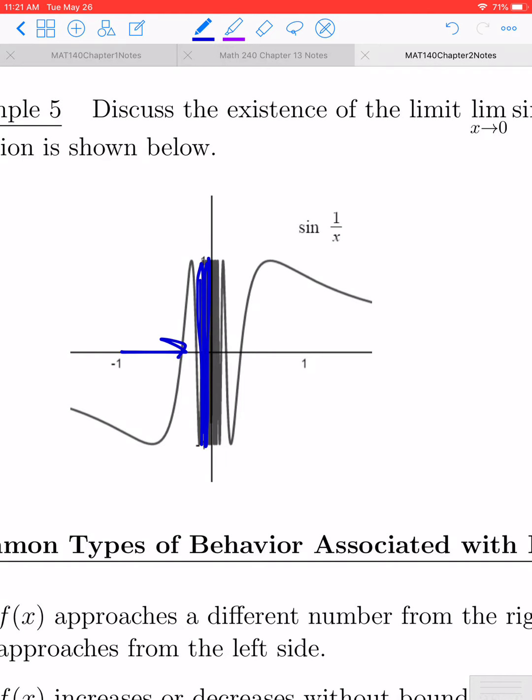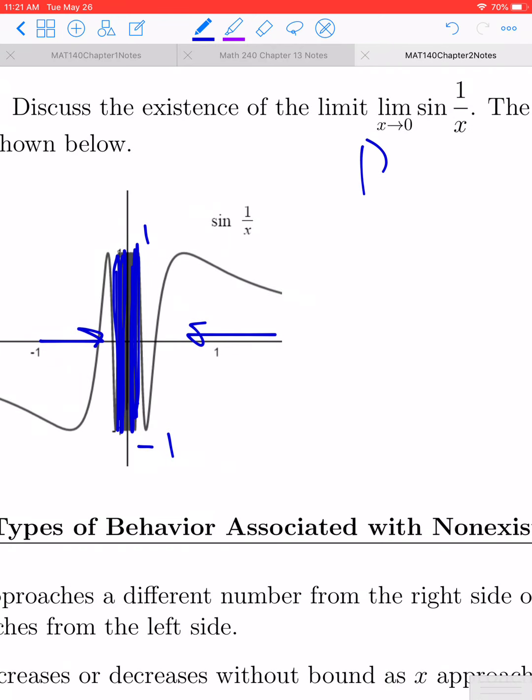You can keep zooming in, and the more you zoom in, the more you see it oscillating back and forth. It's not approaching any one number, so the limit is not going to exist. The same thing happens from the right-hand side. The closer you get to 0 coming in from the right, this function oscillates between negative 1 and positive 1, so this limit does not exist.